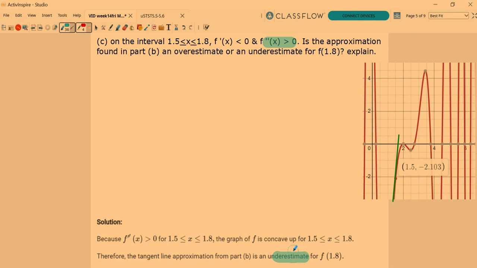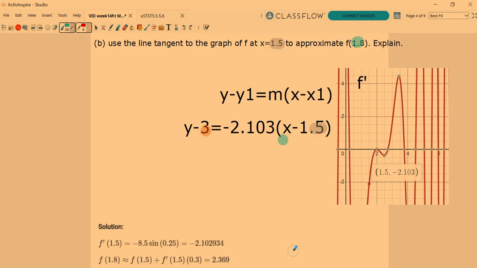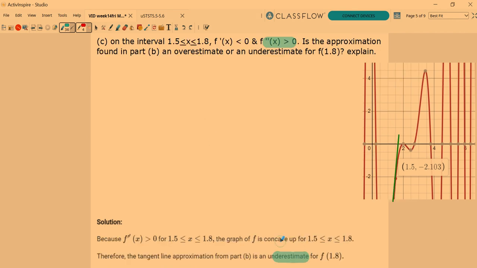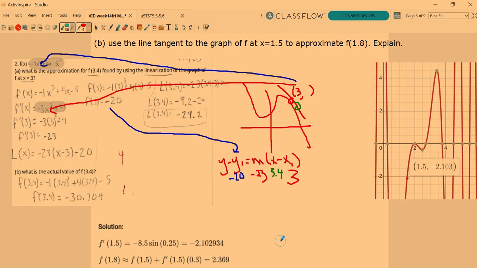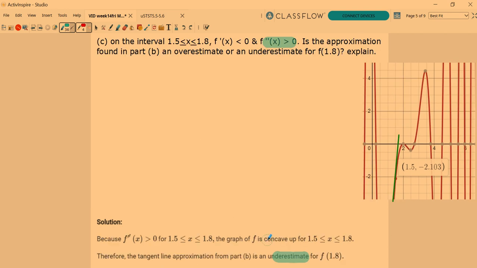So whatever you got for y when you isolate y is going to be an underestimation because this was concave up. Remember, if it's concave down, it's an overestimation, and vice versa. So concave up, underestimation, that's part C.